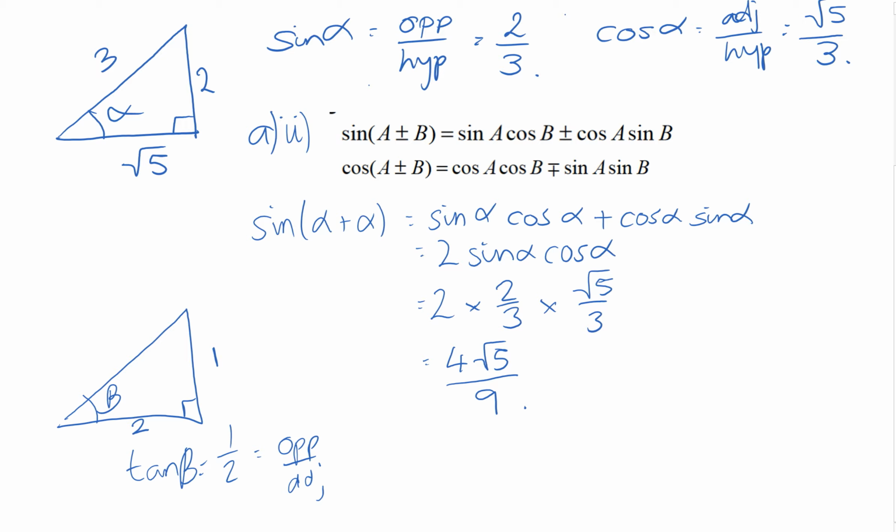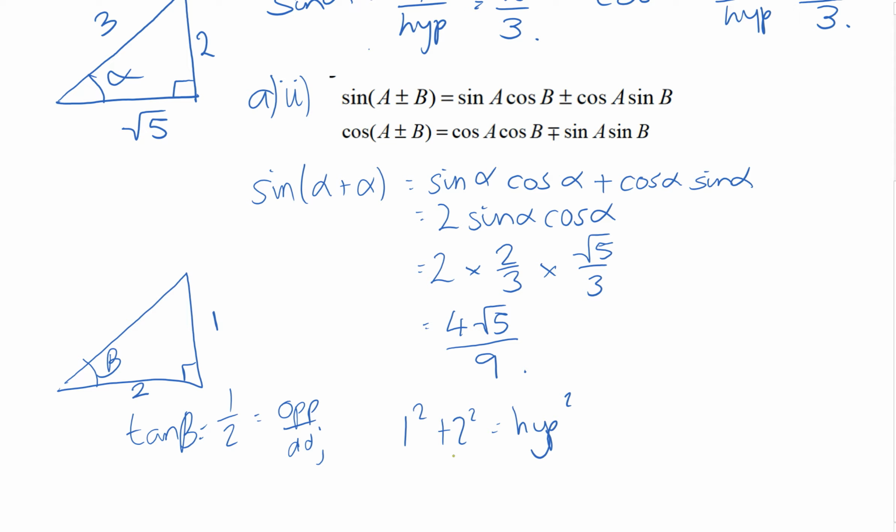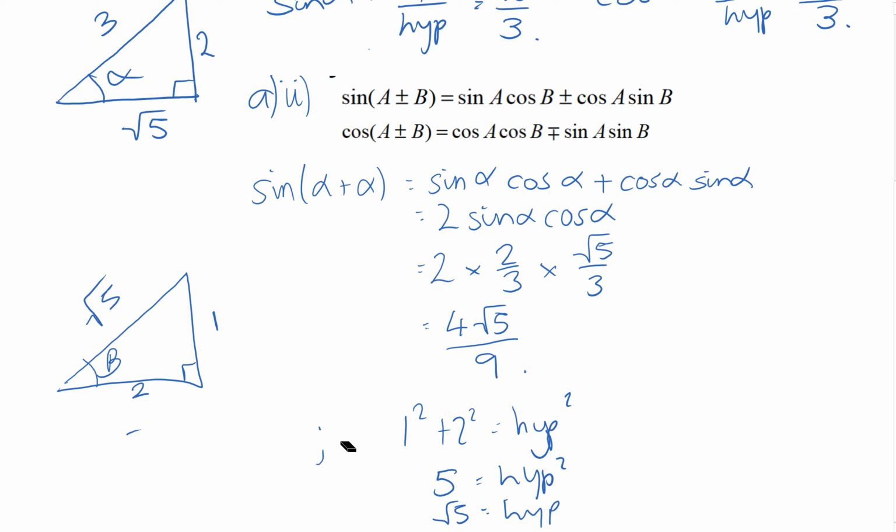So then using Pythagoras again, 1 squared plus 2 squared is equal to the hypotenuse squared. So 1 squared plus 2 squared is 5. So the hypotenuse must be root 5. So we'll fill that in up there. So get rid of all of my workings here, which I don't really need.